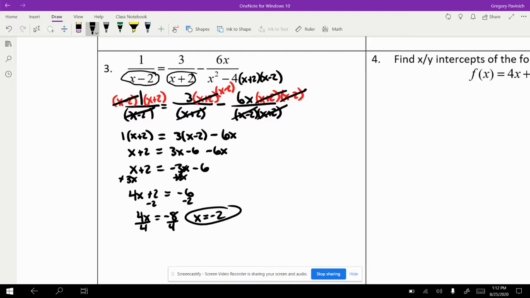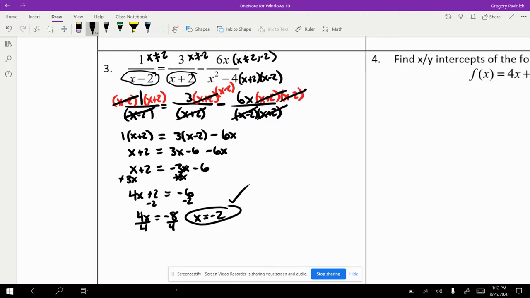So when I'm done solving this way, I have to go back up and make sure the value that I found, or values, sometimes you have multiple, does not cause my denominator to become 0. So notice on this fraction, x could not equal 2. This one, x cannot equal negative 2. And this one, x cannot equal 2 or negative 2.